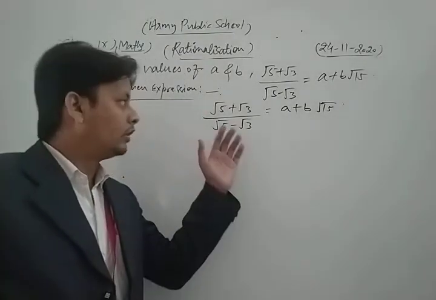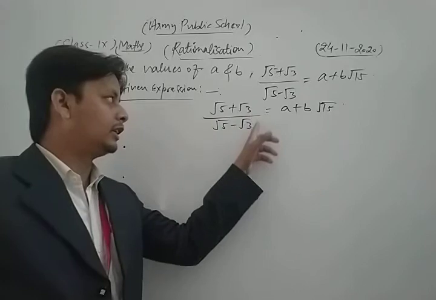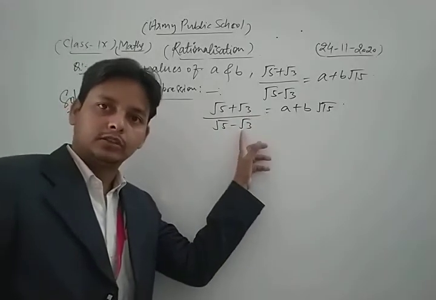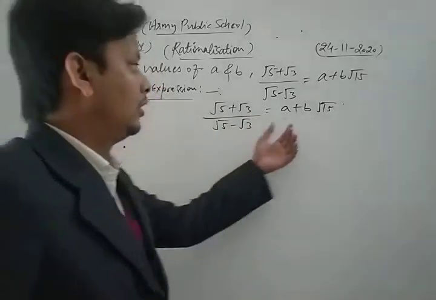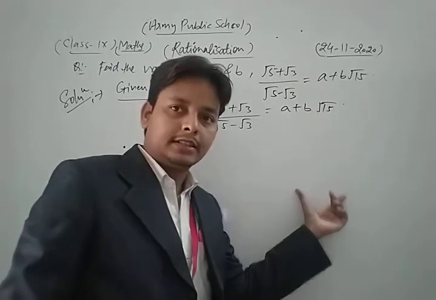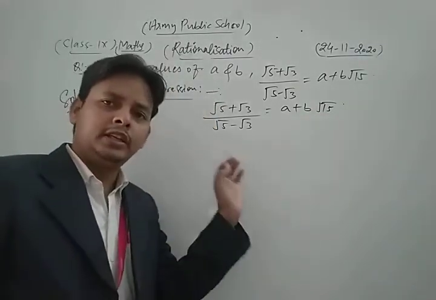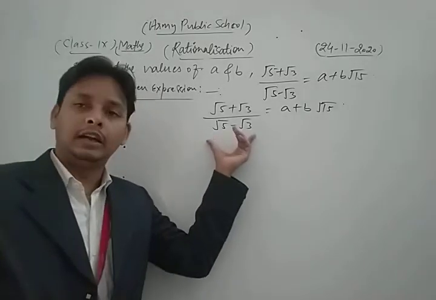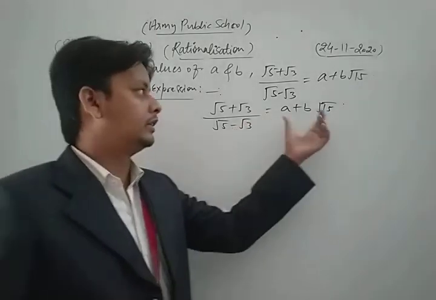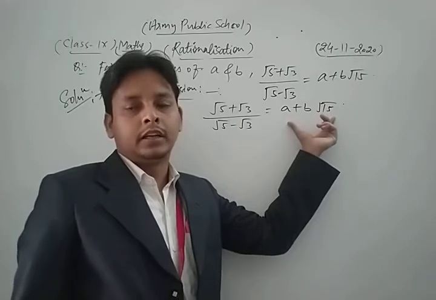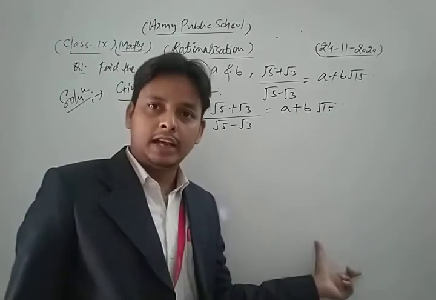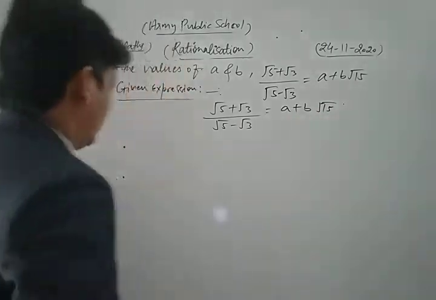Now let's see. Dear students, we must multiply both the numerator and denominator by the conjugate of its denominator, and we write the right side as it is. In this type of question, we only simplify the left hand side, and the right side we write as it is.